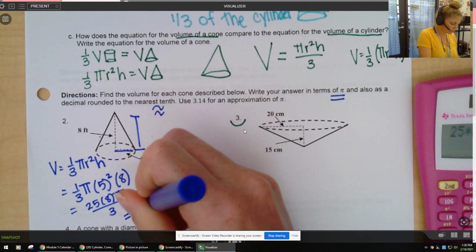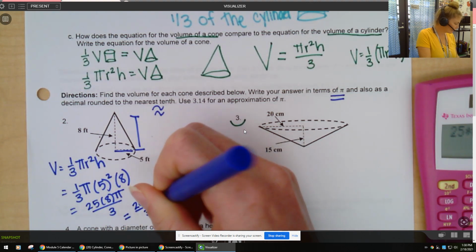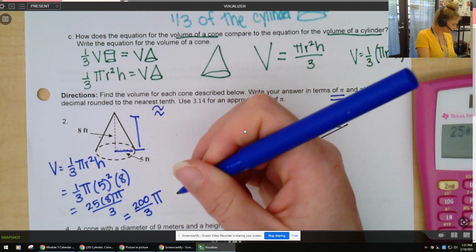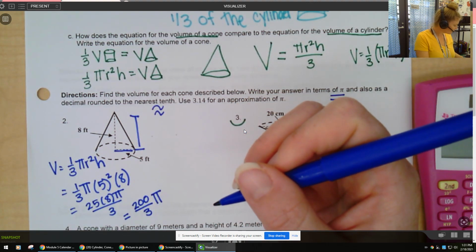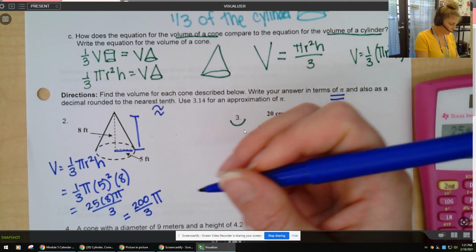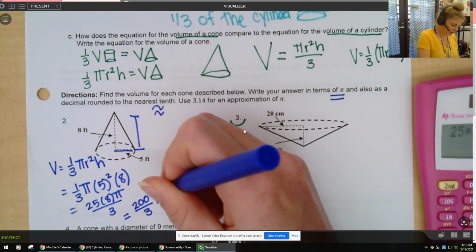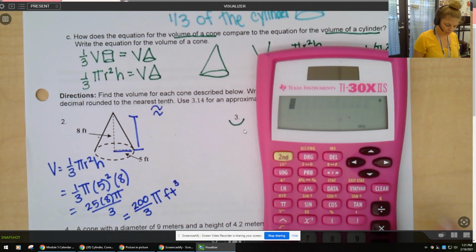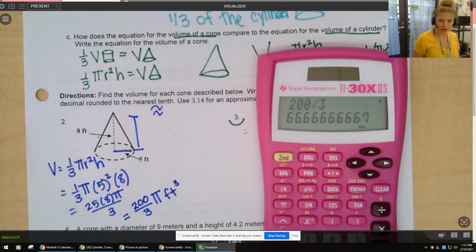So we have 200 thirds pi feet cubed. And here, if you put in 200 divided by 3 in your calculator, it's 66.6 repeating.